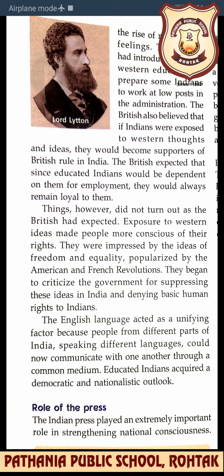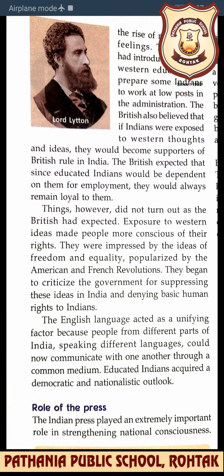Their essays, fiction, and patriotic poetry developed self-confidence in the masses. As you know, Bankim Chandra Chatterjee wrote our national song. Rabindranath Tagore wrote our national anthem, and of Bhartendu Harishchandra, you can find so many poems in your Hindi textbooks, right? So this way, the Indian press played a very important role in arousing the national consciousness.